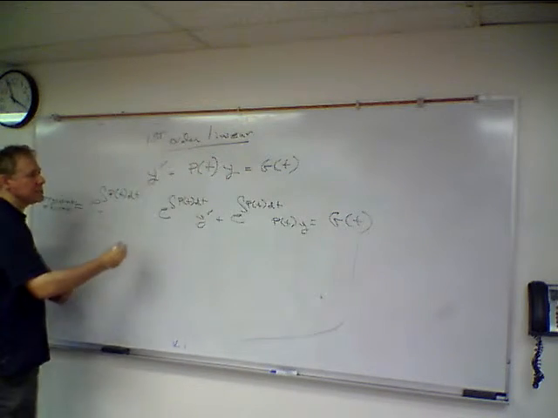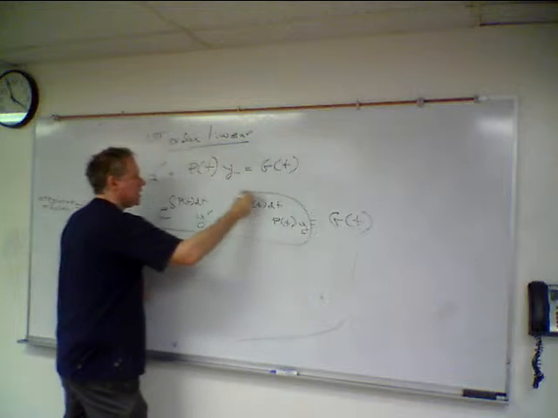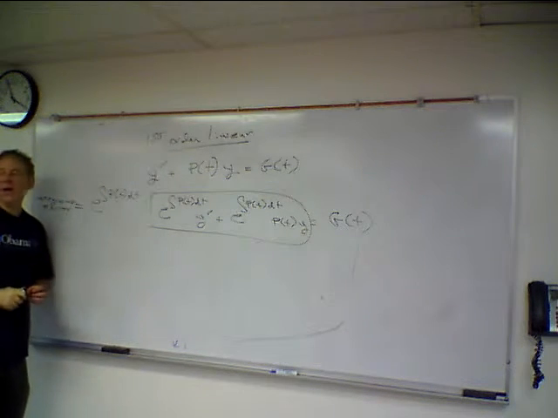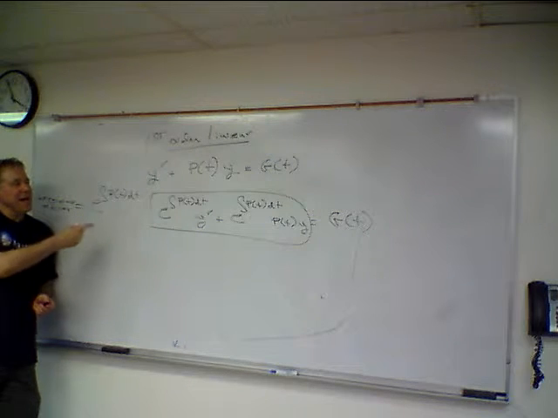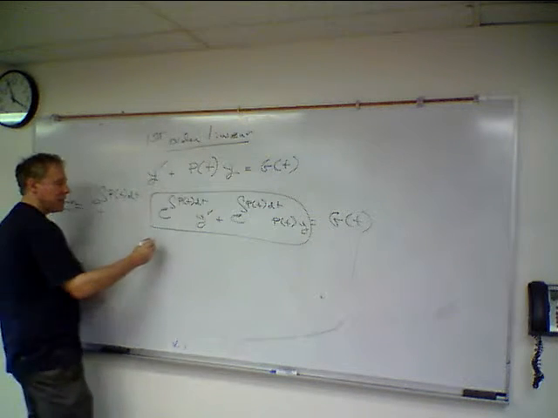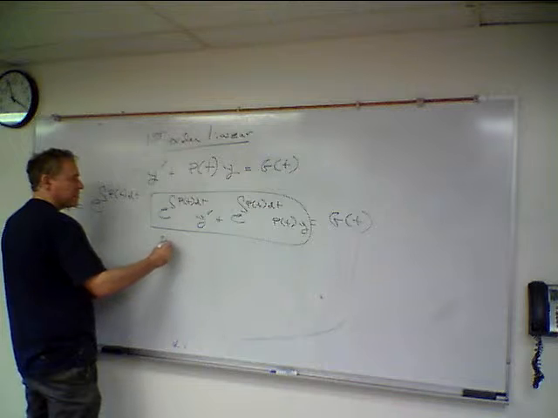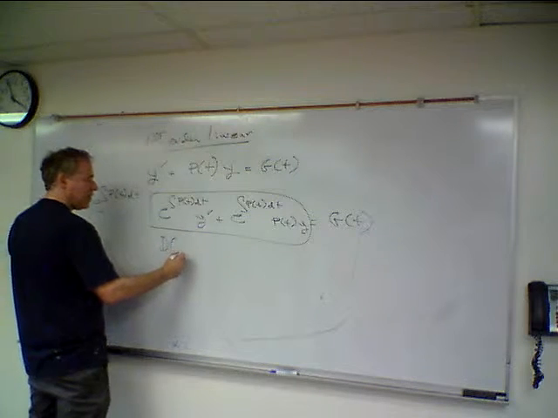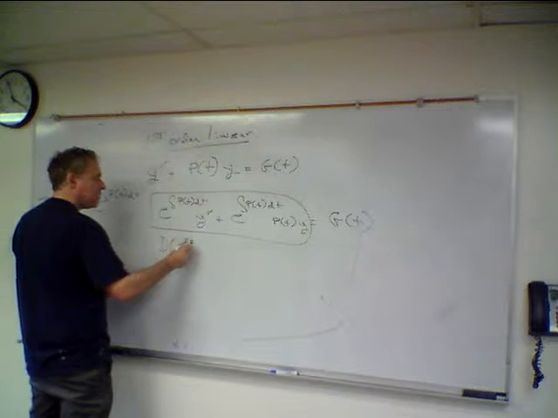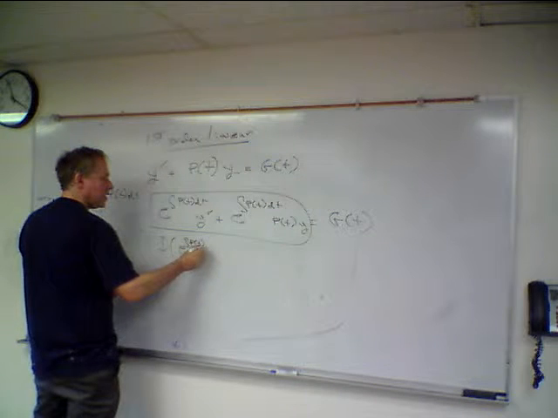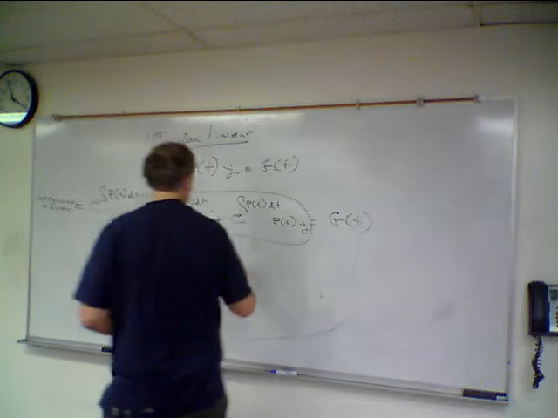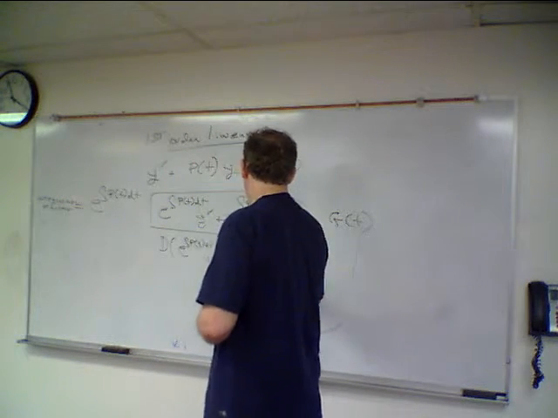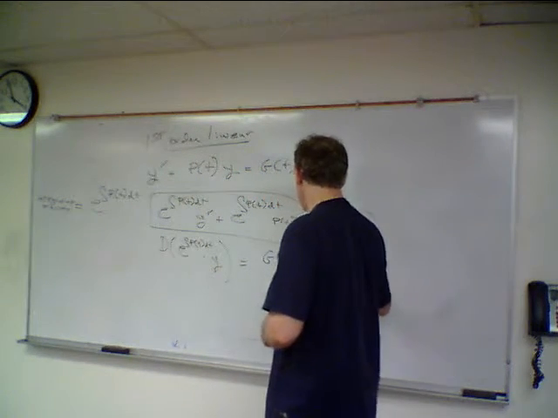And what happens is that this is a product rule derivative of the integrating factor times y. In other words, I claim that this left-hand side is the derivative of e to the antiderivative p of t dt times y. And you can see this by the product rule.